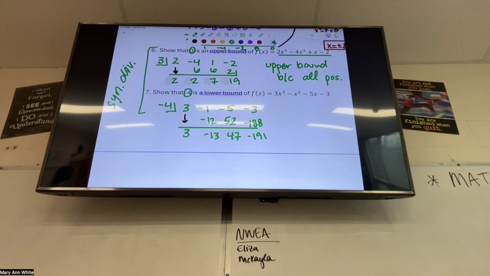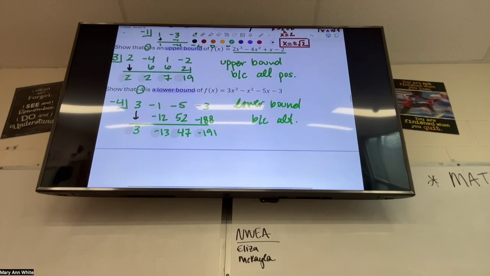Now that you've done your synthetic division, do you notice any pattern about these numbers? Every other one. So they alternate. So I'm going to say this is lower bound because the signs are alternating. Has alternating signs.